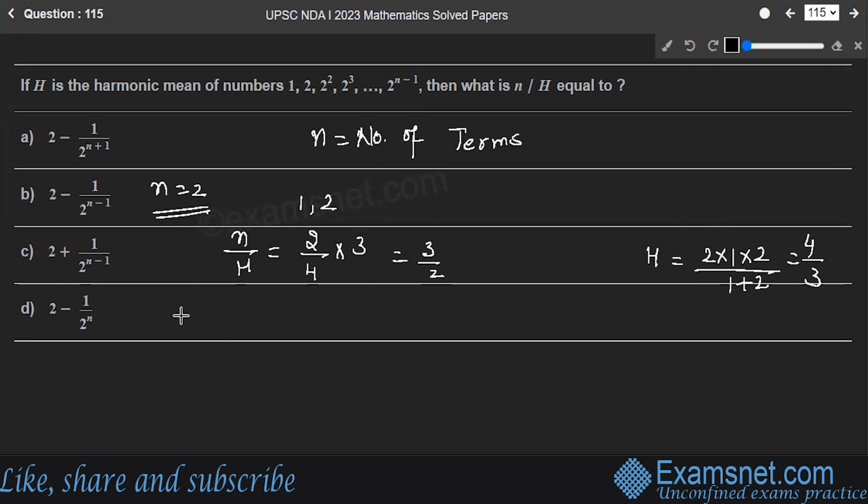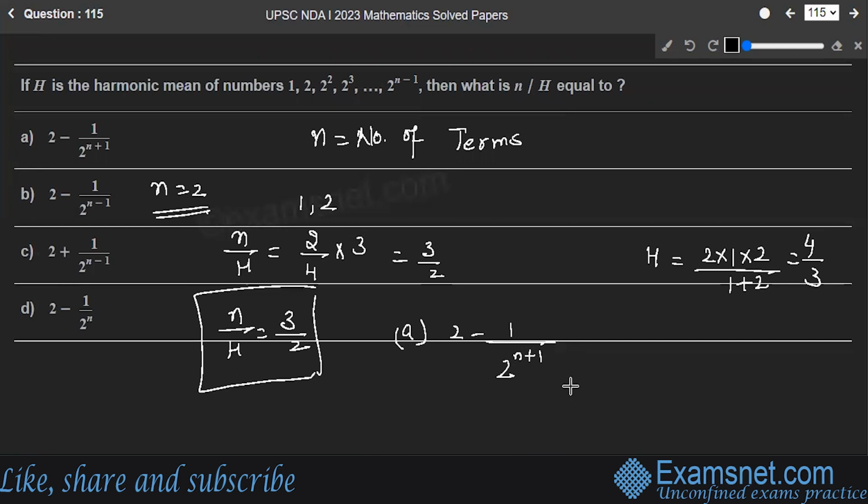So now from the given options, we got this thing, right? Yes. Okay. So now let's go for the first option, option A, that is 2 minus 1 upon 2 raised to power n plus 1.